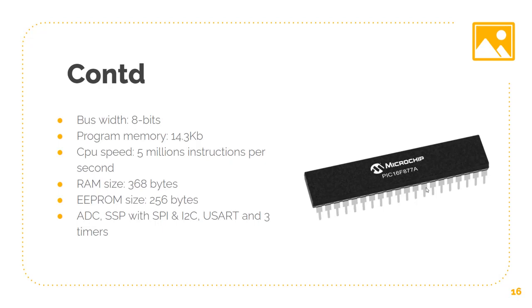The bus width of this microprocessor is 8 bits. CPU speed is around 5 milliseconds. RAM size is 368 bytes, and EEPROM size is 256 bytes. Like I said, it has 3 timers, I2C, UART, ADC, SSP, and all other devices needed.